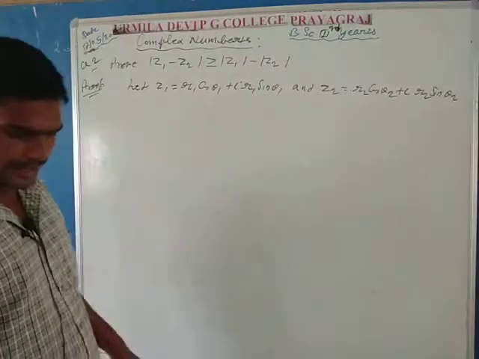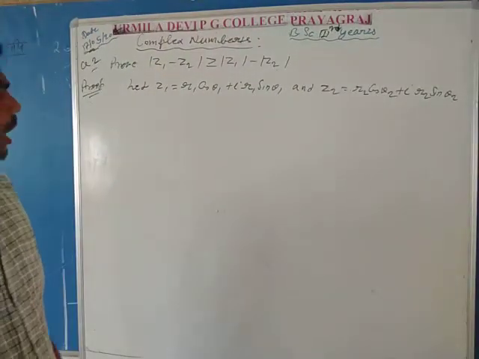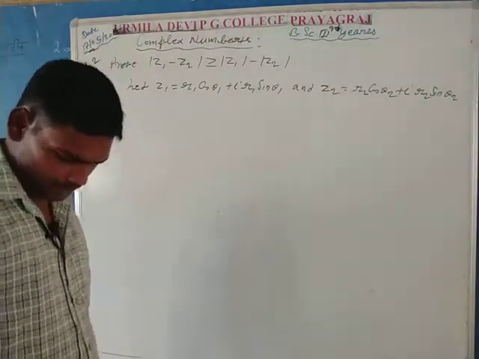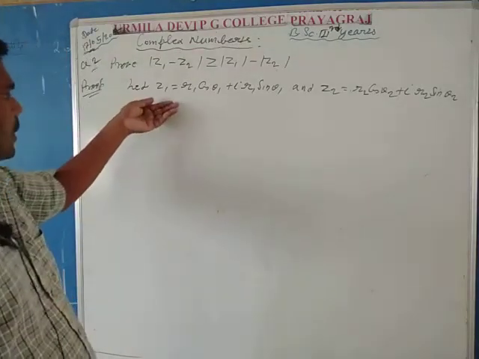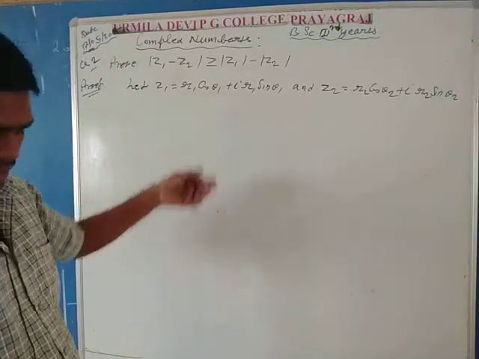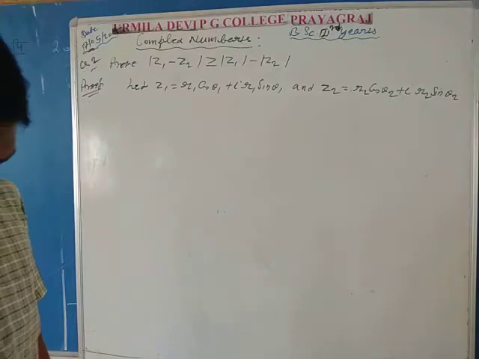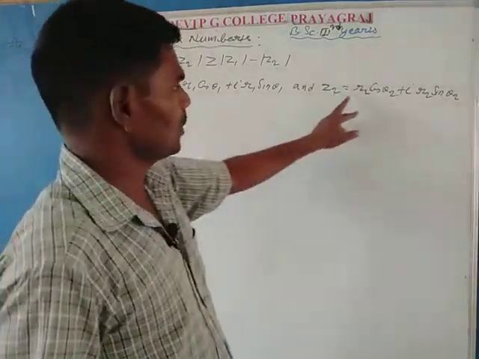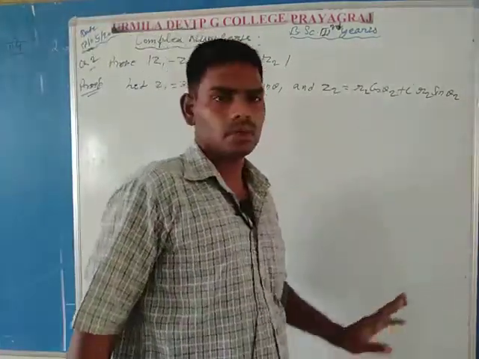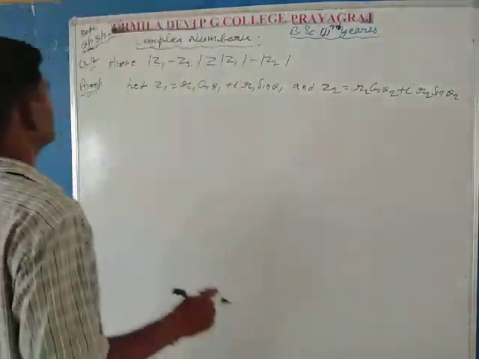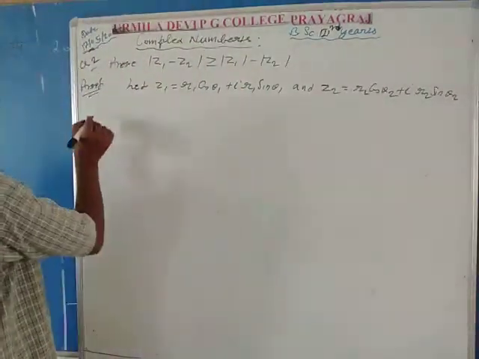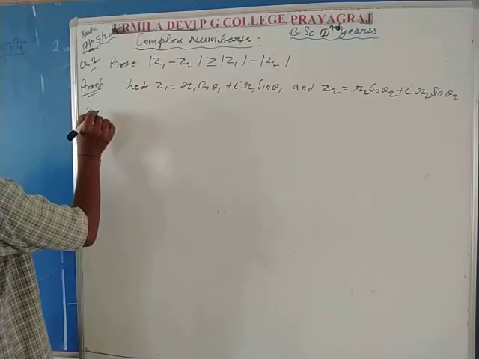Here Z1 and Z2 are complex numbers. So according to the inequality, find the value of Z1 minus Z2.